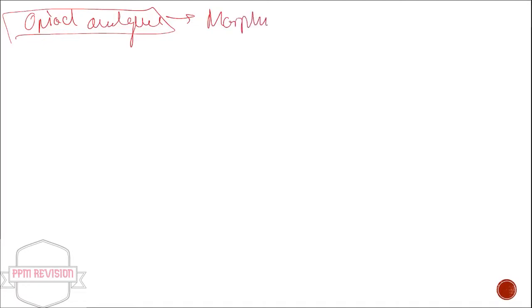So I will be just covering the last topic, that is opioid analgesics. So the most common drug we can all think of is morphine, very common. It is obtained from Papaver somniferum.